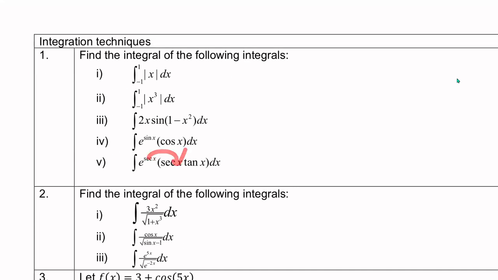I mean, you can derive secant x yourself. I'll show you one time. Differentiate secant x means differentiate cosine x to the power of -1. It is secant x tangent x. Yes, it's secant x tangent x.